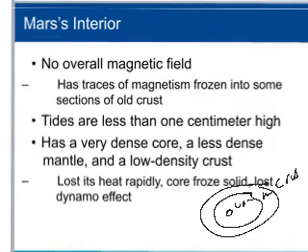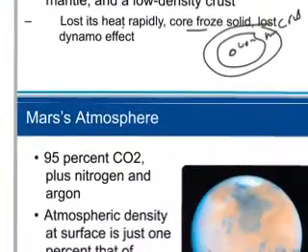They're the three layers of the solid object, or of the planet. And Mars's interior lost its heat very rapidly, and the core froze solid. When that happened, it lost the dynamo effect, of being able to sustain all those different seasons the way Earth does, and also to be able to sustain life, habitable life on the planet.